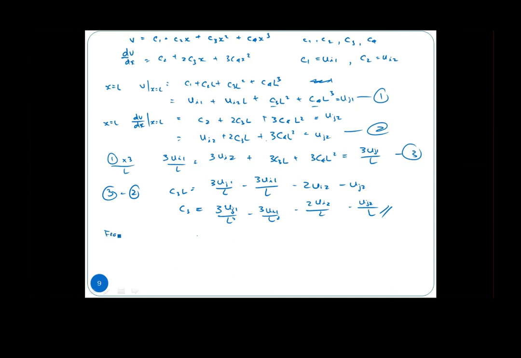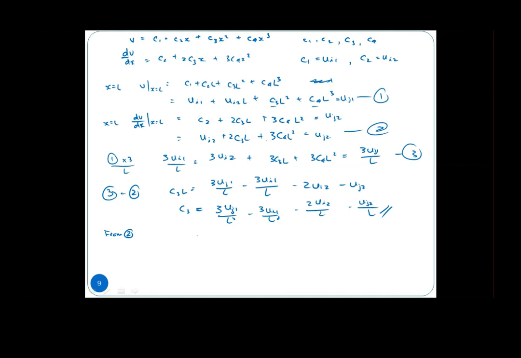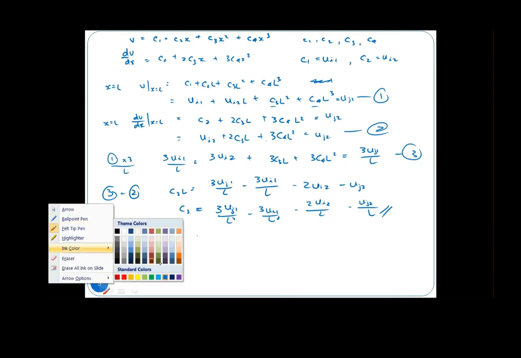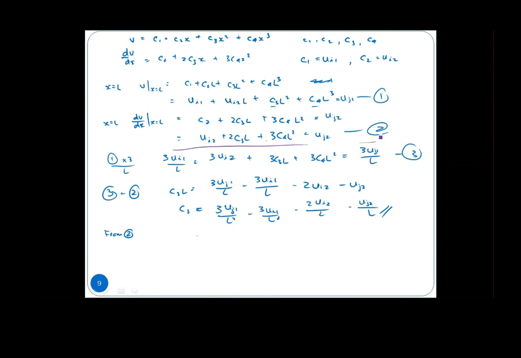From number 2, we have 3c4L squared actually equals uj2 minus ui2 minus 2c3L.